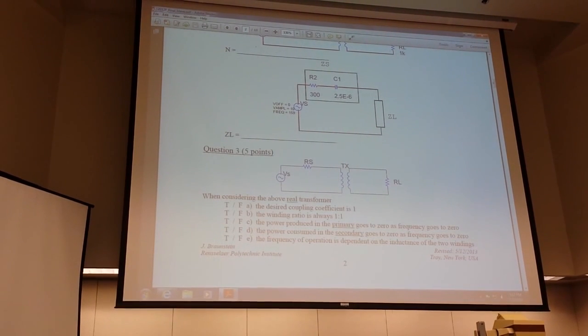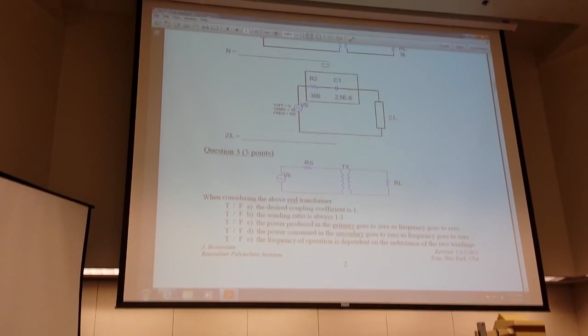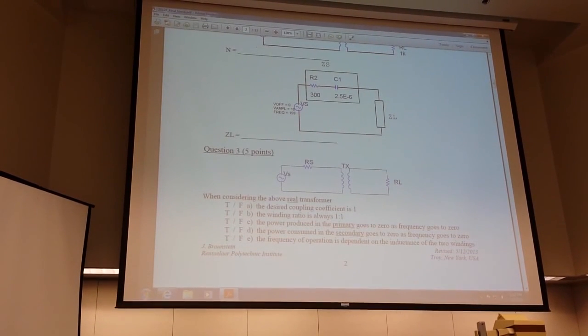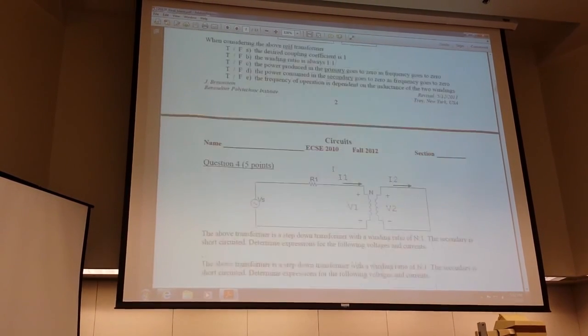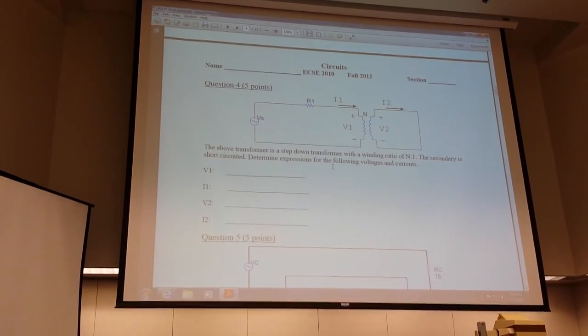Effectively, what must be true about L1 and L2 for it to be infinite frequency range? L1 and L2 are infinite. So the only way we can get infinite frequency range is to have infinite inductance. And so our inductors limit our operating range for our transformers.